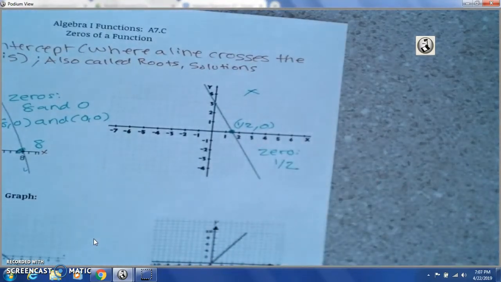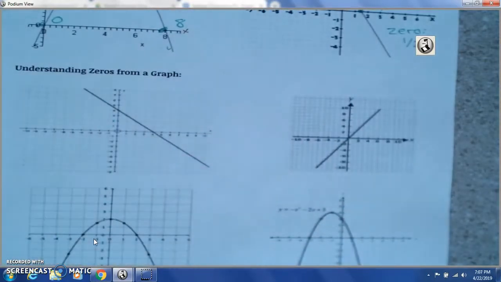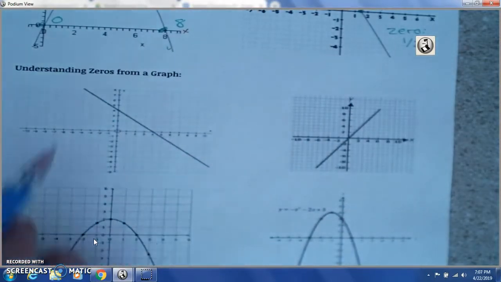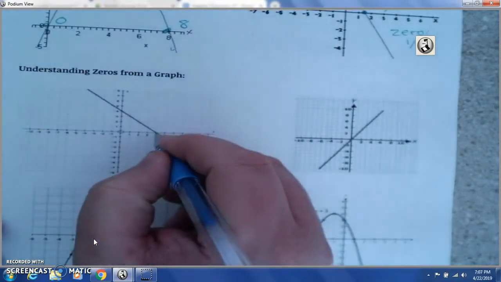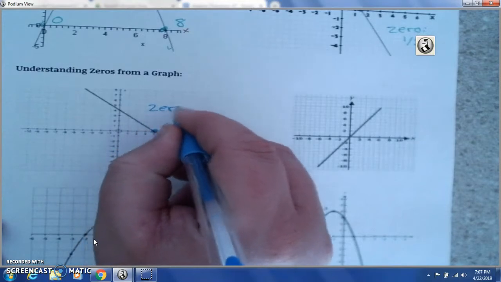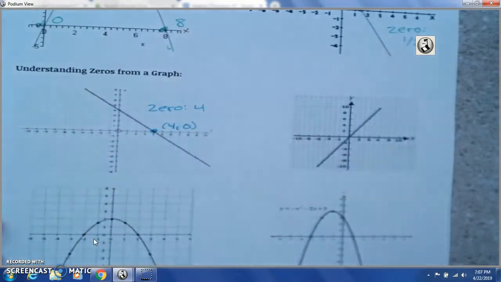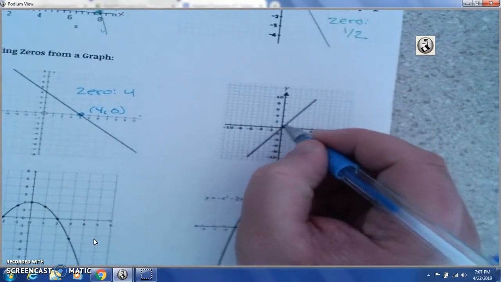All right. So when you have a visual, all you have to do is look where the line crosses the x-axis. This negative slope, remember it's going downhill, crosses at (4, 0). So your zero is 4. Okay. This positive slope going upwards crosses at the origin.